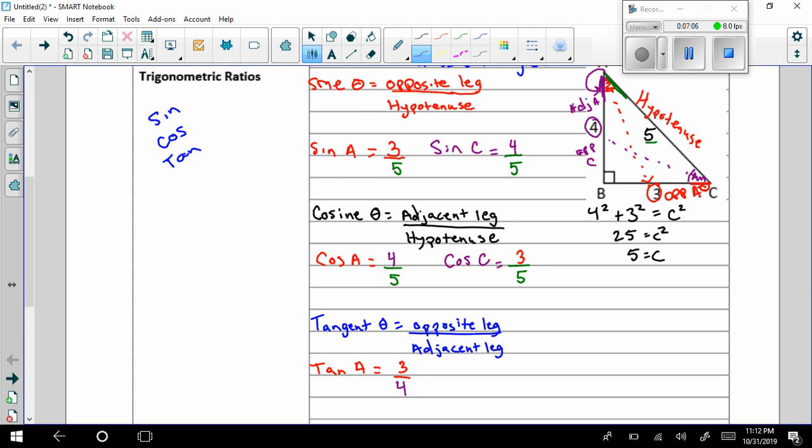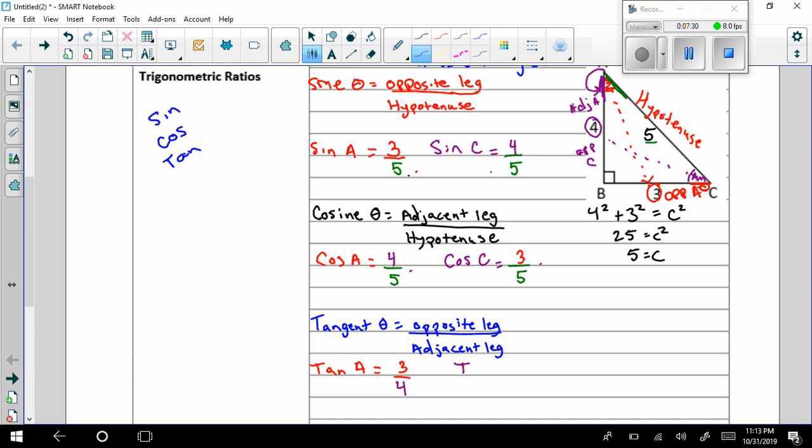All right, going back up here, notice the cosine of C is the same as the sine of A. Cosine of A is the same as the sine of C, right? The tangent of A and the tangent of C also have a relationship.